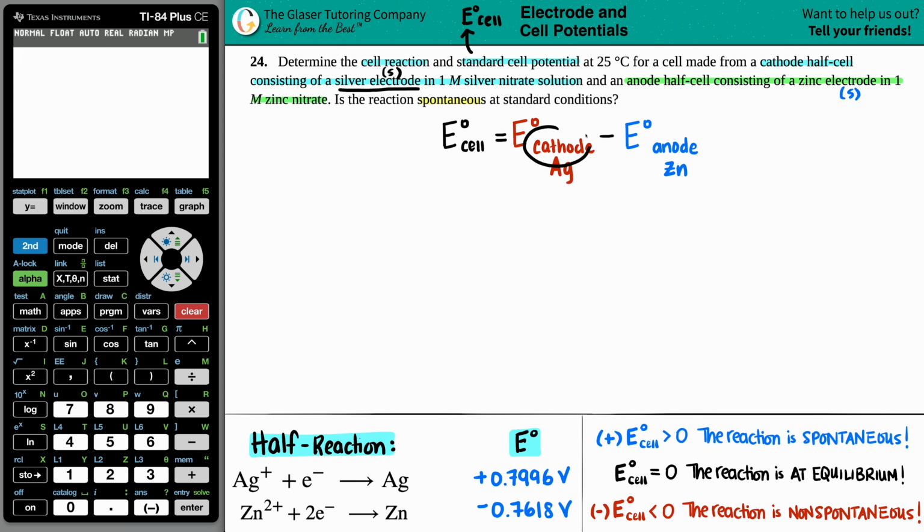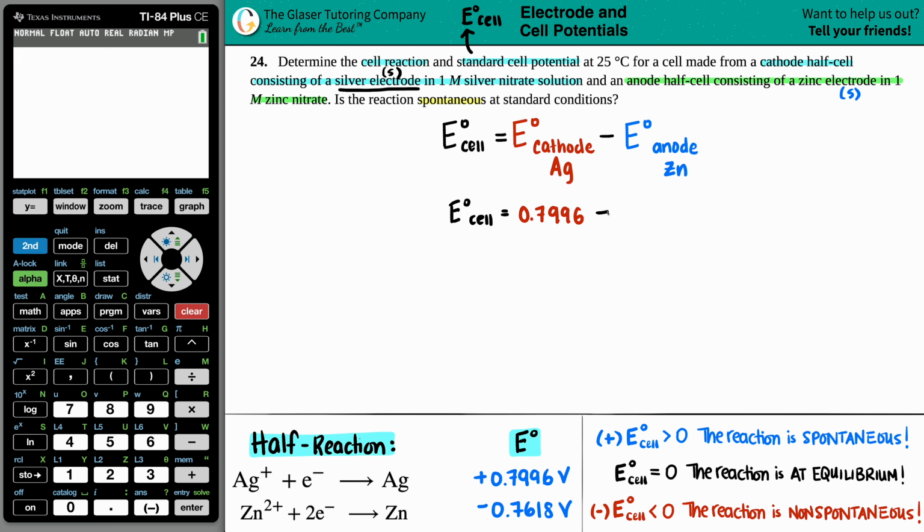Now, if you're doing cathode minus anode, if you're specifically doing the minus, you do not have to change any of the cell potential values. The negative flips the anode, basically. But the negative is going to do it for you. Just less work. So we're just going to go straight for it. The cathode Ag value is 0.7996.